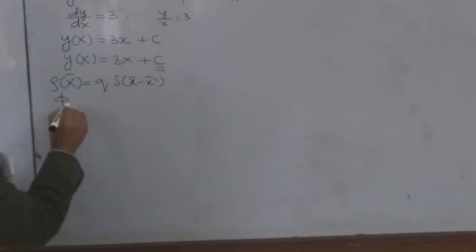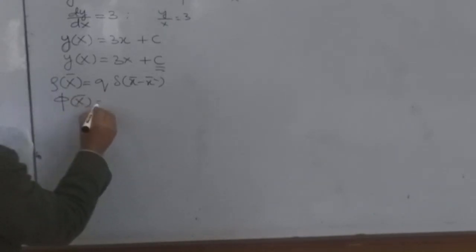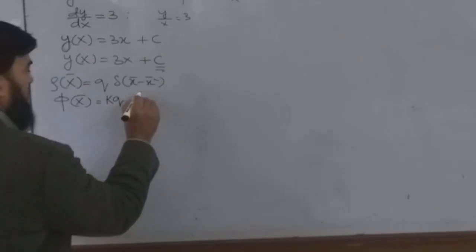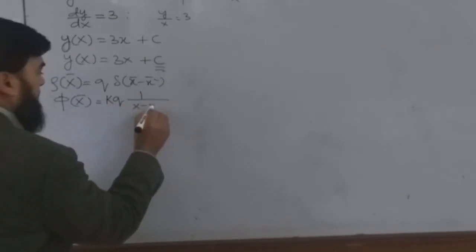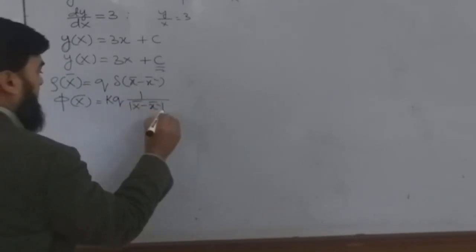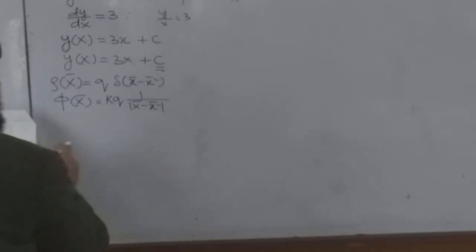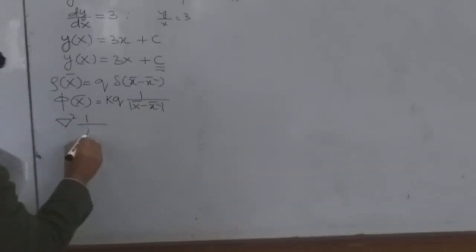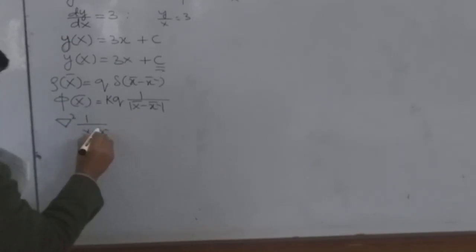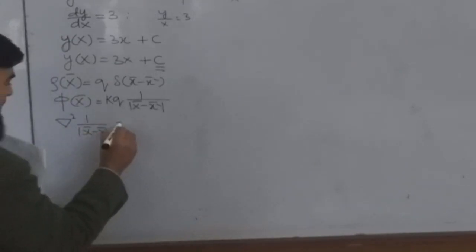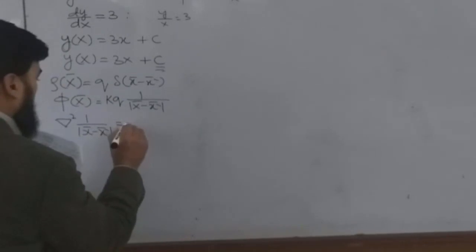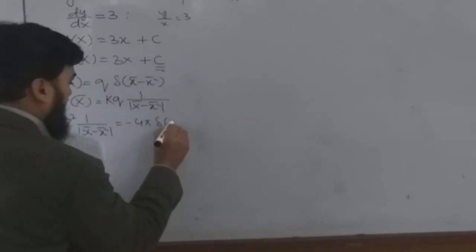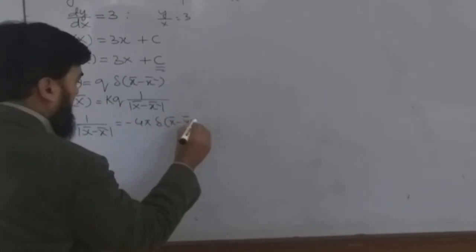We wrote that the potential phi of x is equal to kq times 1 over |x minus x prime|, and del square of 1 over |x minus x prime| is equal to minus 4 pi delta of x minus x prime.